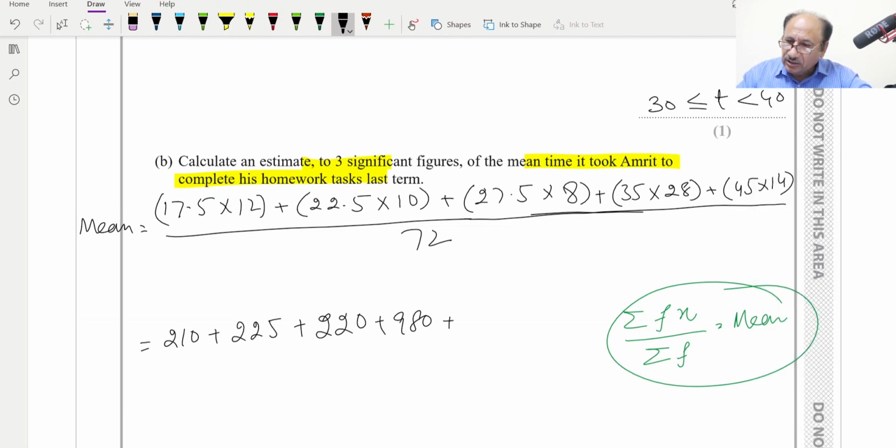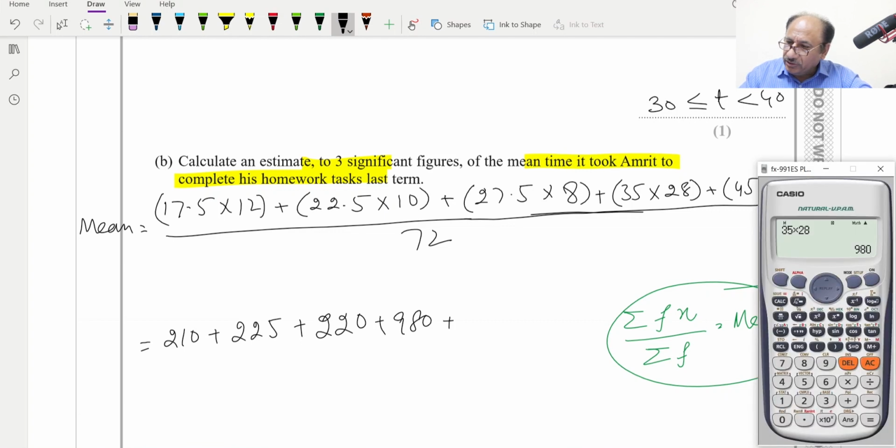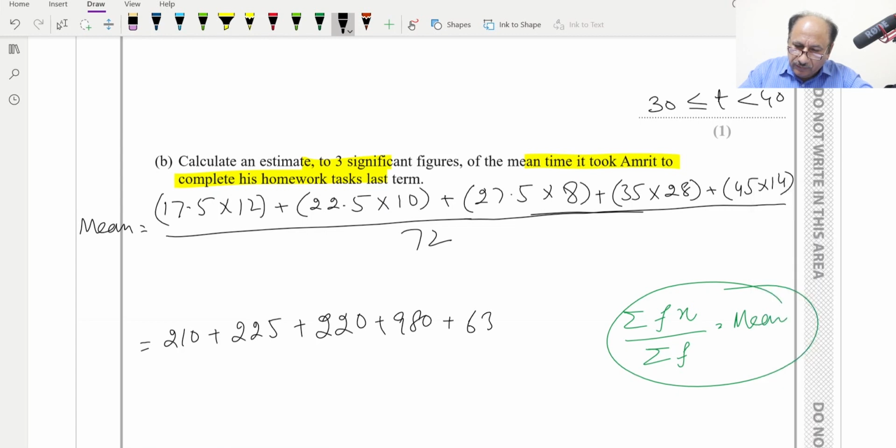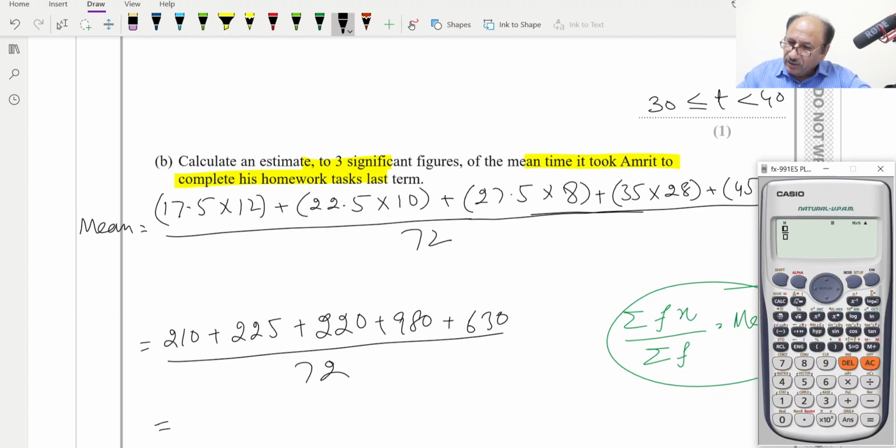Plus the last one, 45 multiplied by 14, is equal to 630. This sum, 210 plus 225 plus 220 plus 980 plus 630, divided by 72, is equal to the decimal value 31.458.